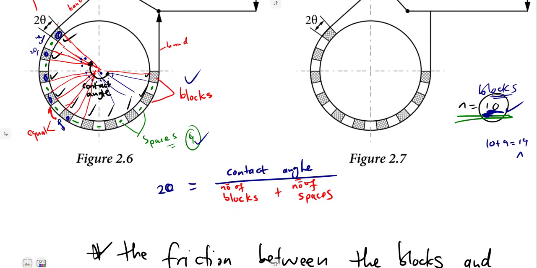So the 2 theta here is the angle subtended by each block. That's our included angle.